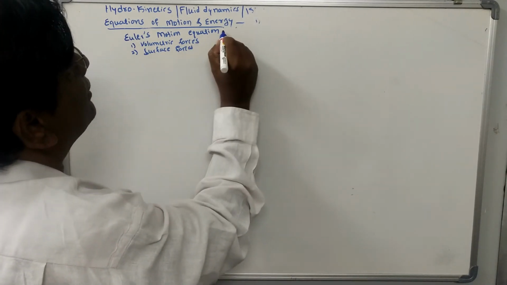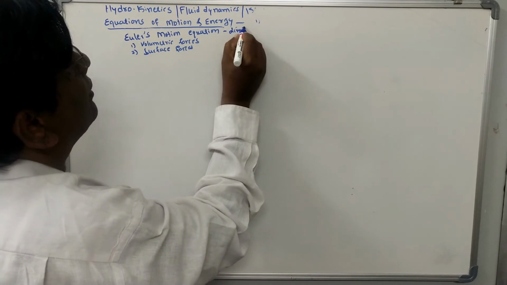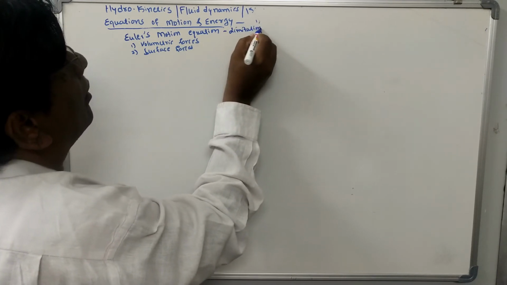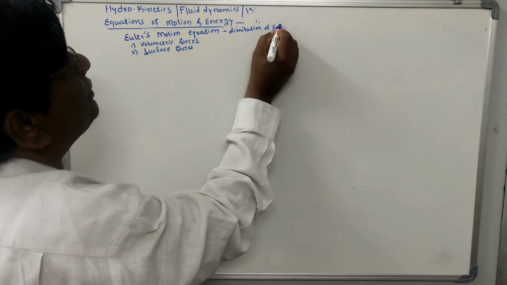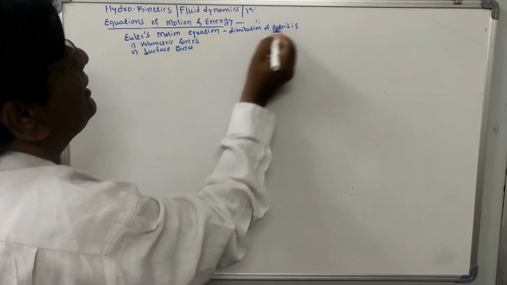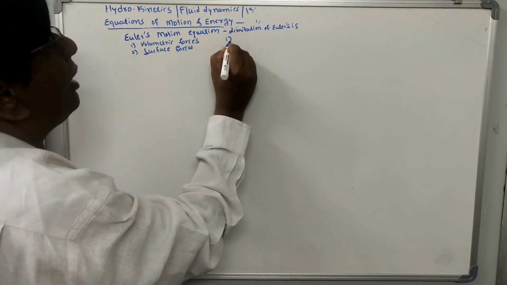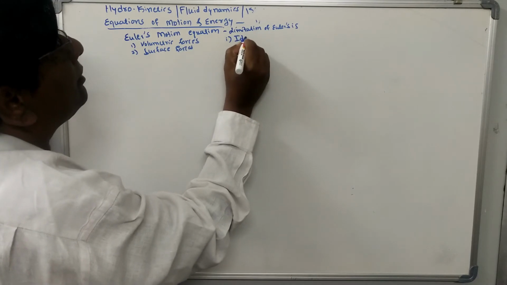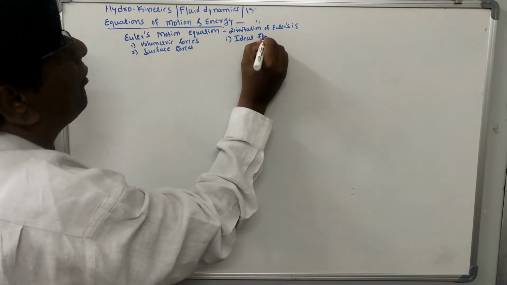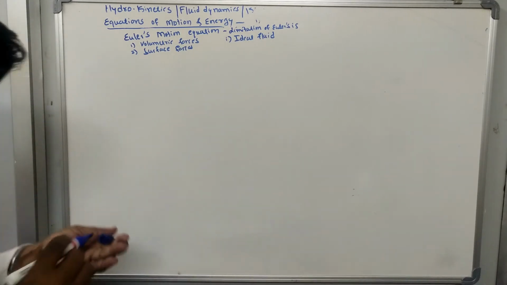The limitation of Euler's equation is that it is applicable for ideal fluids.